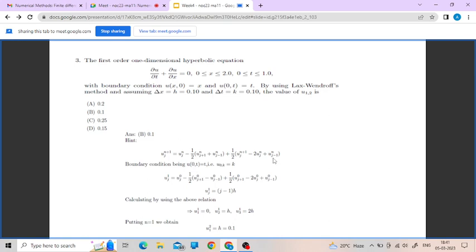I hope you are getting this, as b is equals to 0.1. So let's move to the next question.